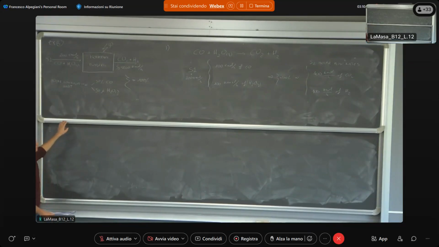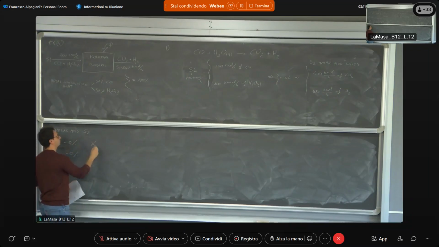So for what concerns the molar composition of the outlet stream S2, since all the CO reacts with water, at the exit we will have only CO2 and hydrogen, and so for sure the molar percentage of CO is equal to 0%. The same for what concerns the water.